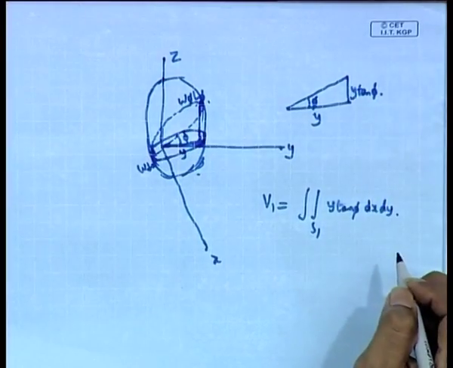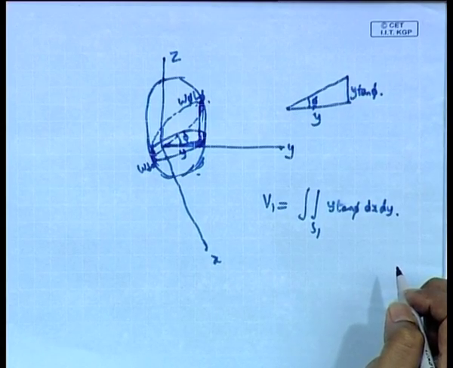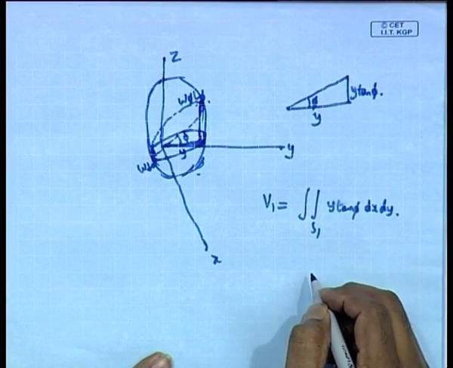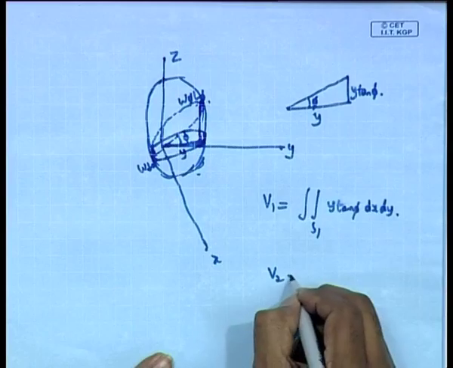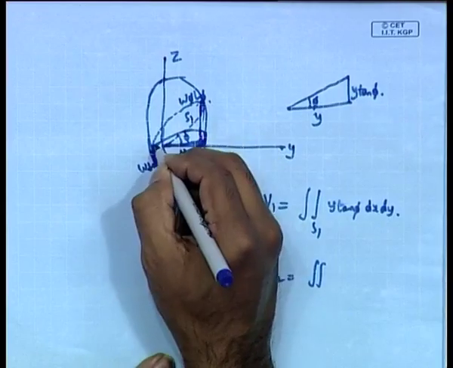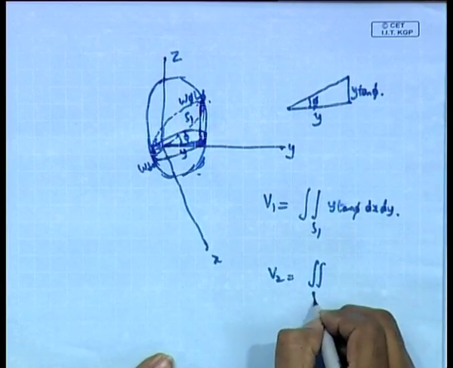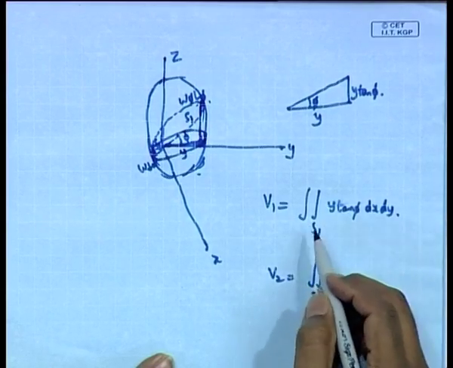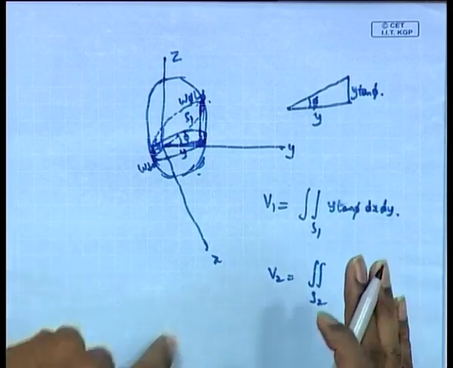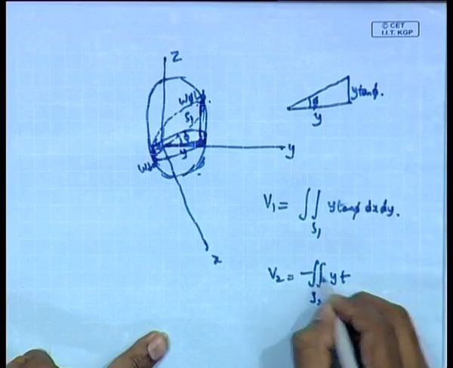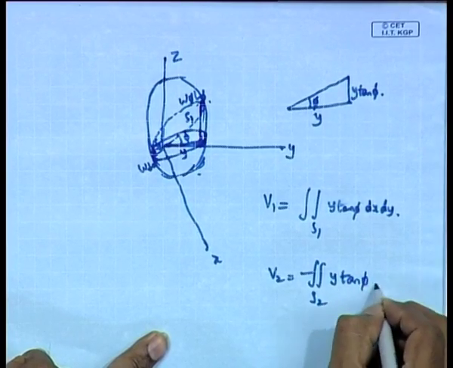This is the general expression for the volume of any body. So in this case you have y tan phi dx dy, and the volume that has come up is, on this side S1, on this side S2. S2 is the volume that has emerged, S1 is the volume that has submerged. So S1 is the volume that goes in, and S2 is the volume that comes out. S2 is equal to minus y tan phi dx dy.